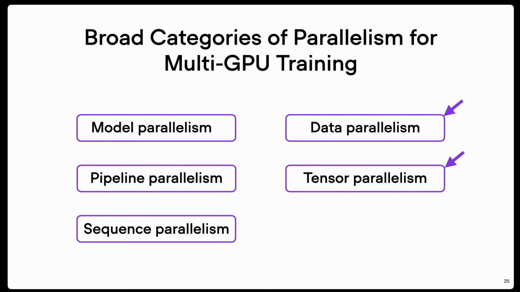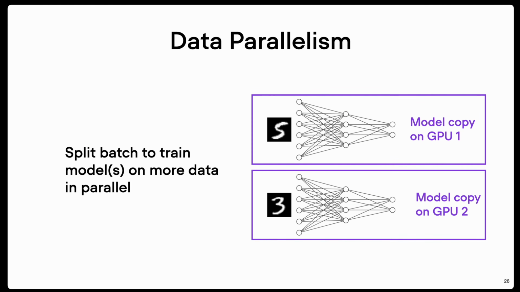So fully sharded data parallel training uses essentially both data parallelism and tensor parallelism. So in data parallelism, what we do is we usually divide the mini batch and then have a copy of the model on each of the GPUs. So here I'm showing two GPUs where each of the GPUs gets a subset of the mini batch.